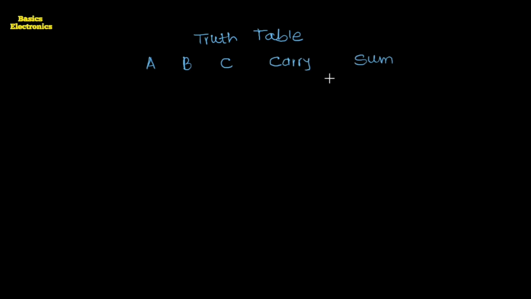Instead of writing carry and sum, you can write down the logical equations for the carry and the sum. The carry equation is A dot B plus (A XOR B) dot C. This is the carry equation.